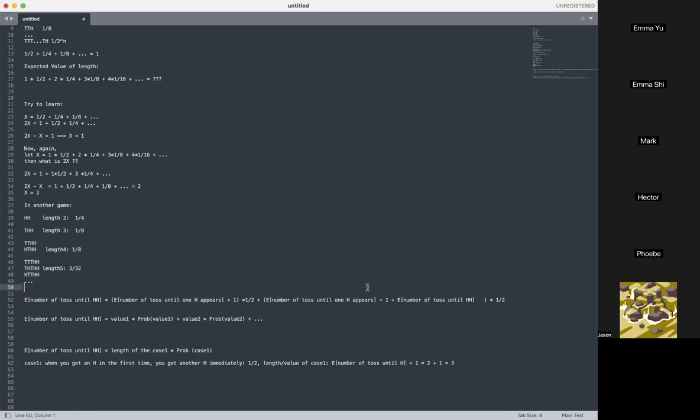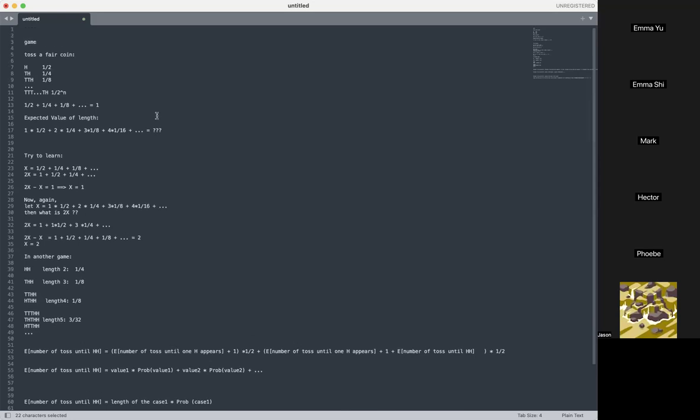Why? Because the number of tosses until you get an H can be 1, right? You toss and then you get an H. It can also be 2. You toss a T and then an H. It can be 3. You toss TT and then an H, right? So it's all kinds of cases, but its average length is 2. We just showed here, right?